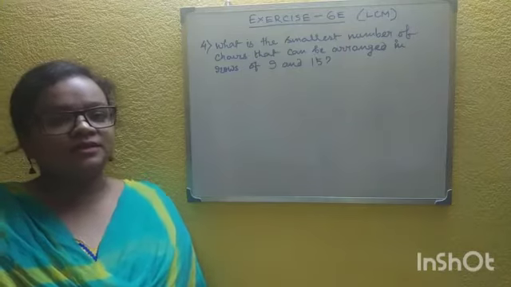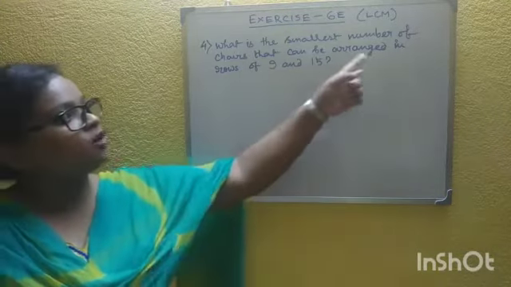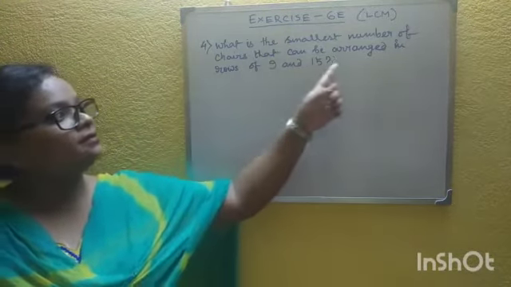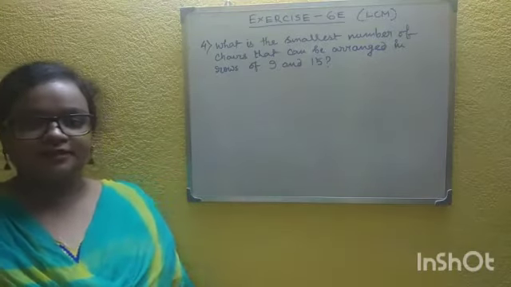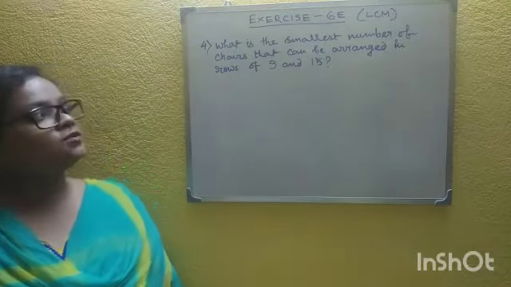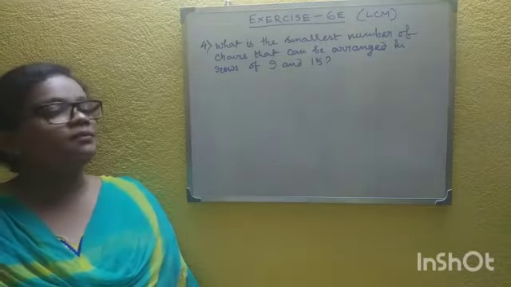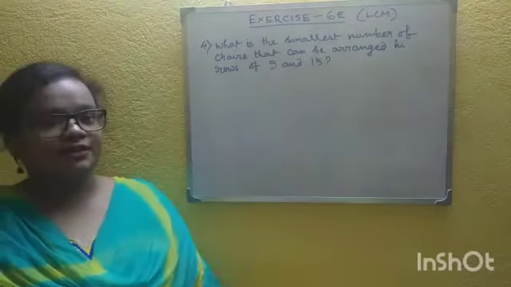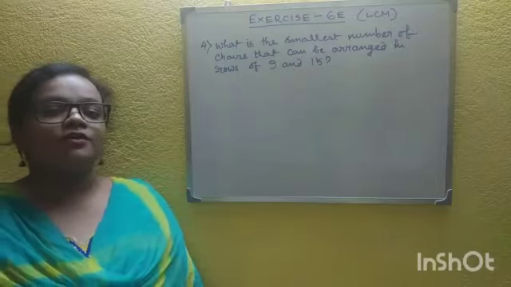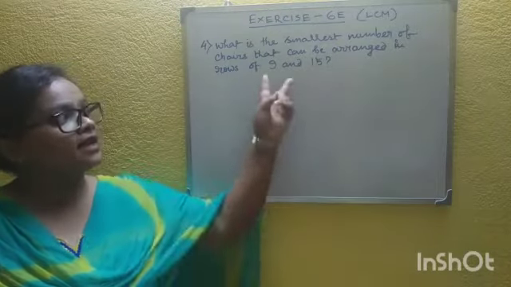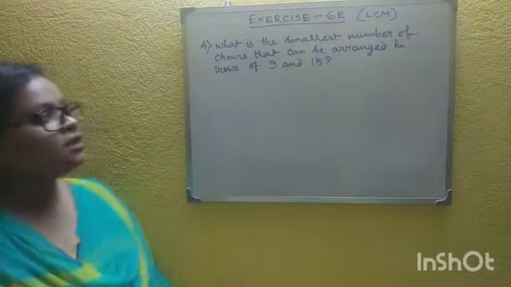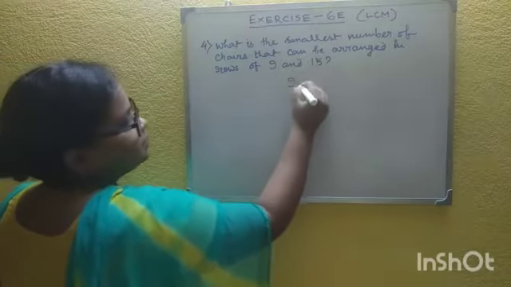Now the next problem says, what is the smallest number of chairs that can be arranged in rows of 9 and 15? So the smallest number of chairs has to be the multiple of 9 and 15. So we will have to find LCM of 9 and 15 first. So let's find.